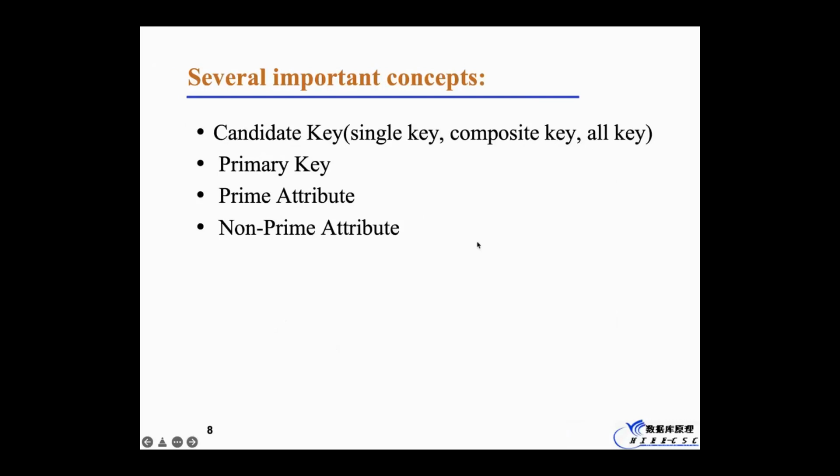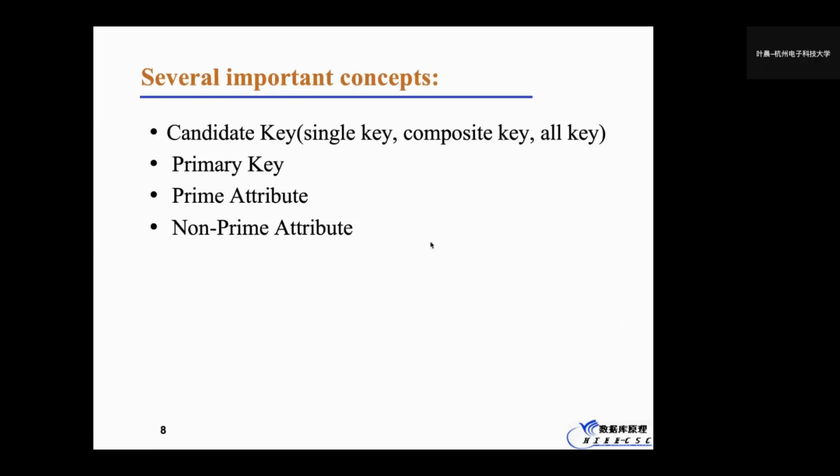In the previous classes, we discussed several important concepts, such as candidate key, which includes single key, composite key, and all key. We have introduced the primary key, which is very important in our database principles. We have the primary attribute and the non-primary attribute.